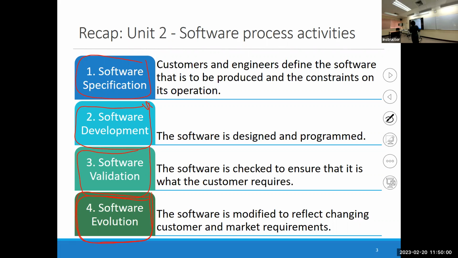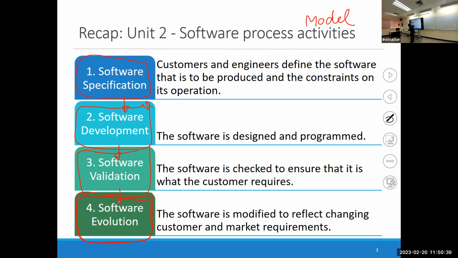Remember in the software process model, we even talked about whether we do everything sequentially or iteratively, in an evolutionary or circular manner. That is the model, the cycle. Whether you are doing a little bit of this and that, then refining and making it more and more complete, that is fine. But still, the key activities are these things. I'm not saying that you need to do a strict waterfall model.